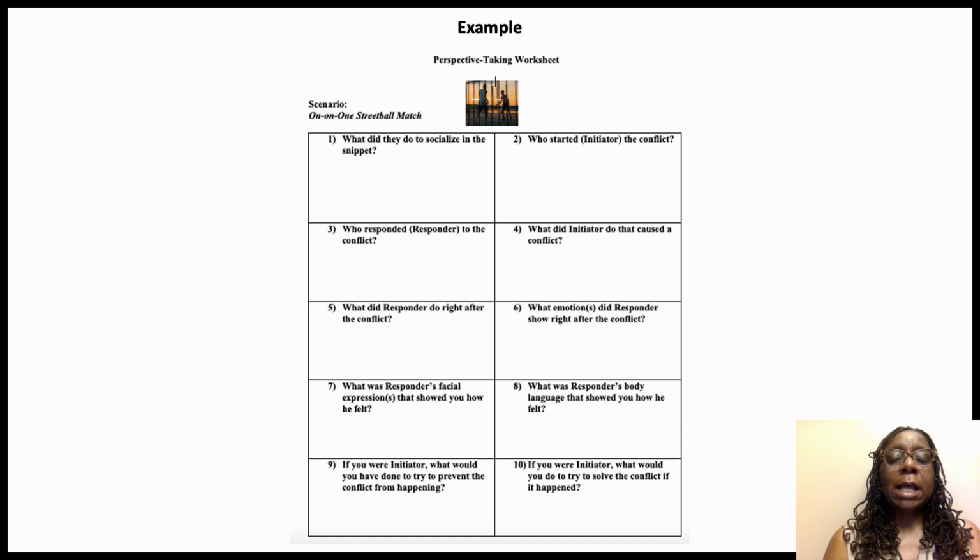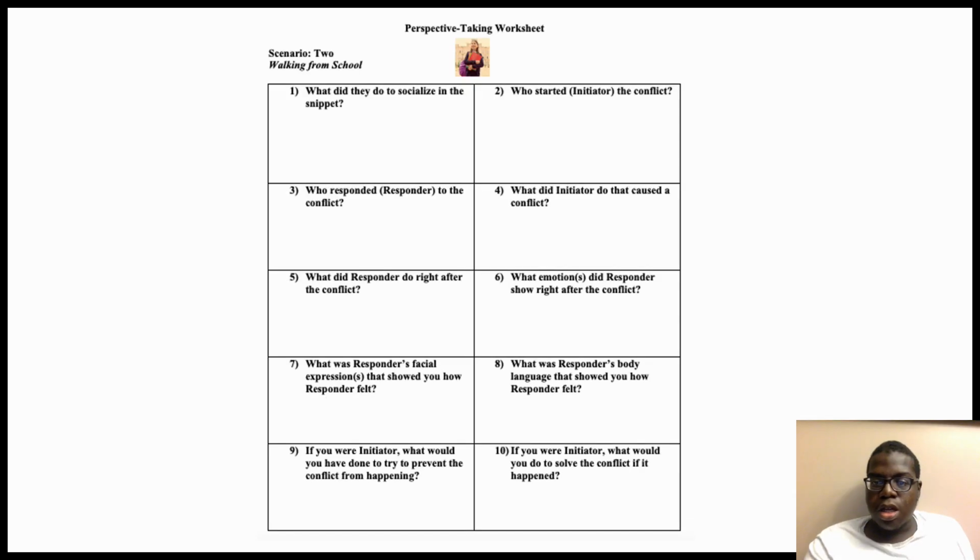Now you will see a video presentation or model of actual presentations of how to answer the problem-solving worksheet, question by question. The perspective taking worksheet will be modeled from your point of view as I read each question with a model answer.